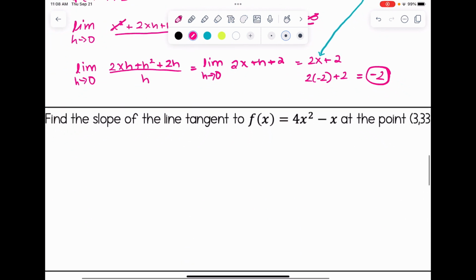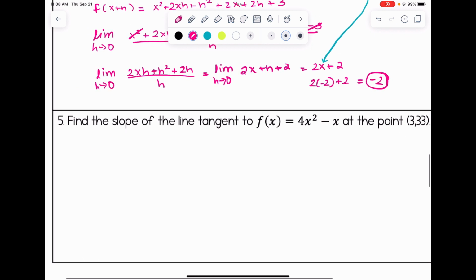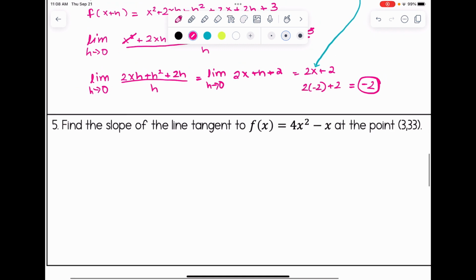All right, one last question here. Find the slope of the line tangent to f of x equals 4x squared minus x at the point (3, 33). Okay, basically the same exact thing. Derivative is the slope of the tangent line. So I'm going to just do the problem the same way I did the previous one. I'm going to start by finding f of x plus h.